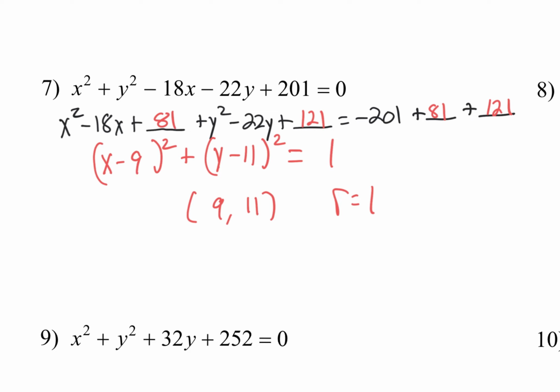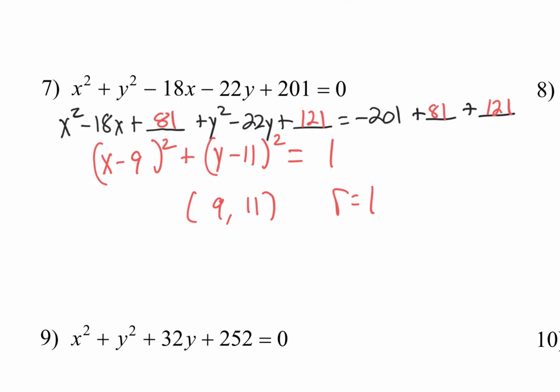Shouldn't the negative 9 and the negative 11, since they're originally negative, be positive? Because in the formula, it's minus. So my centers are positive, 9 and 11. But these are negative here because this sign is the same as this sign.